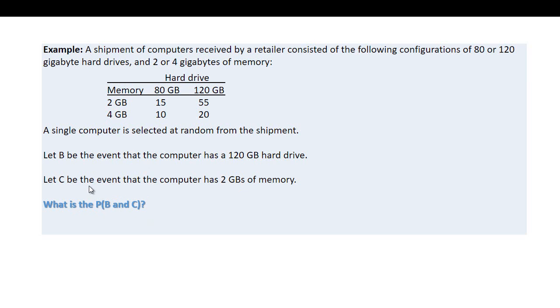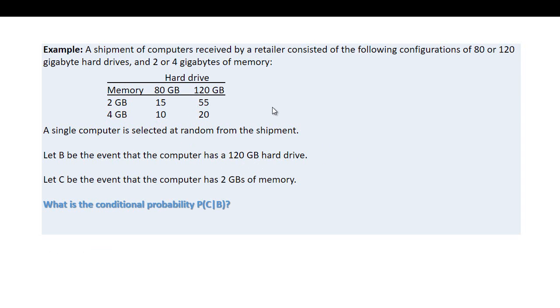Well, the total number of computers is 100, and we count how many computers are in both B and C. That means how many computers have a 120 gigabyte hard drive and 2 gigabytes of memory. Well, 55 of them. So 55 divided by 100, that's 0.55.